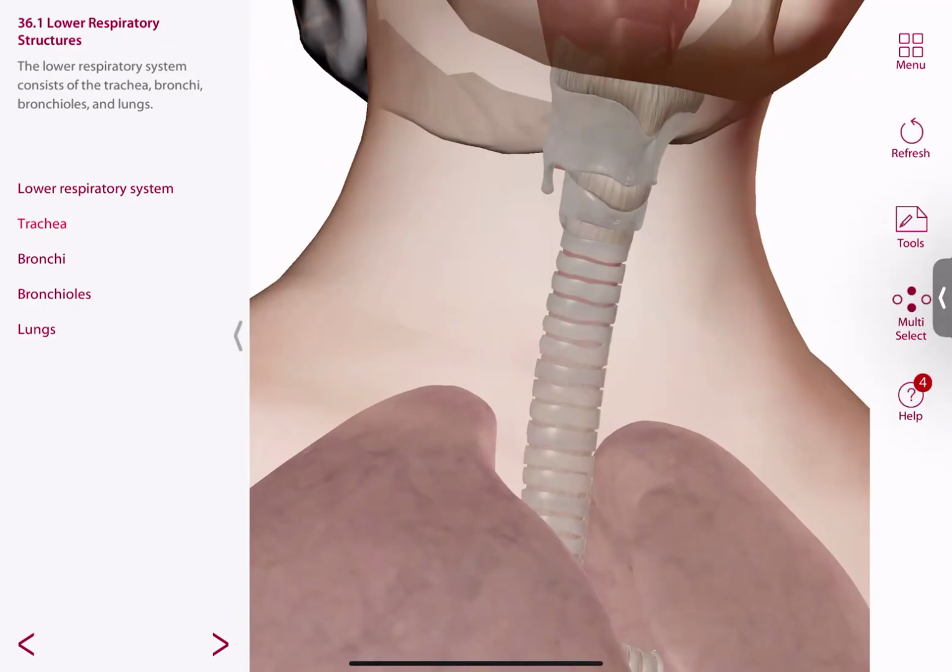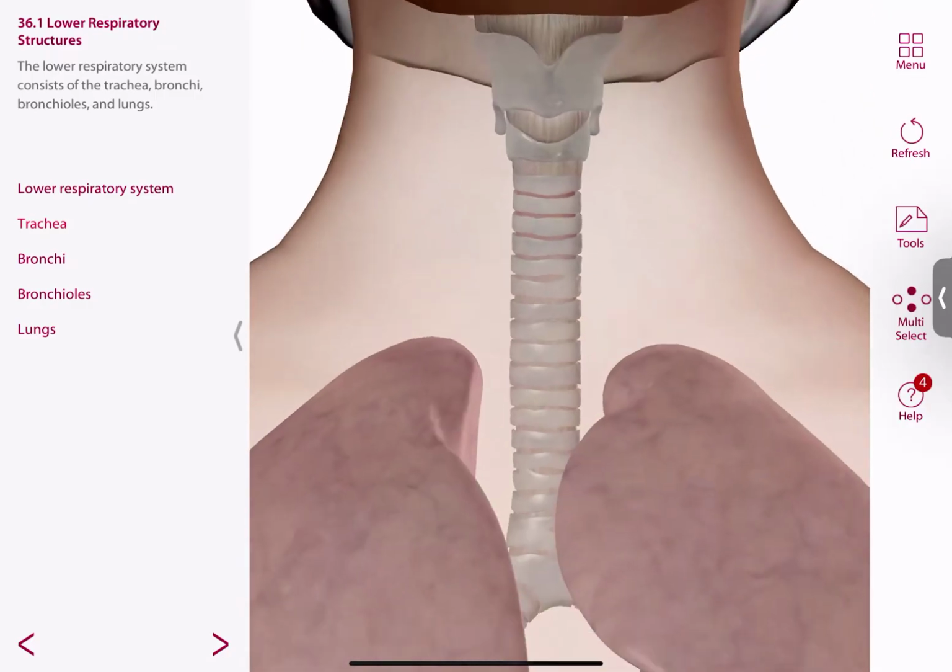So to prevent the entry of any unwanted particles into your lungs, these cilia will trap those particles and vibrate and throw them out back towards the pharynx. Also within the trachea are abundant mucus glands or mucus secreting cells for the same purpose, that is to trap any particles that are entering into your lungs via the trachea.